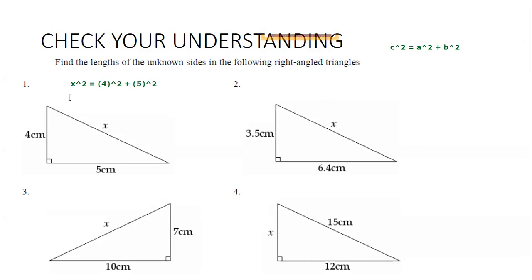So x squared is equal to 16 plus 25. So the value of x squared is equal to 41. Getting the square root of both sides of your equation, your x now will be equal to the square root of 41.